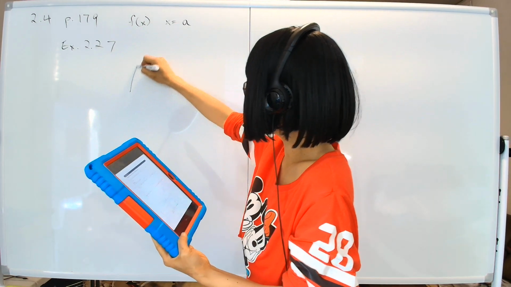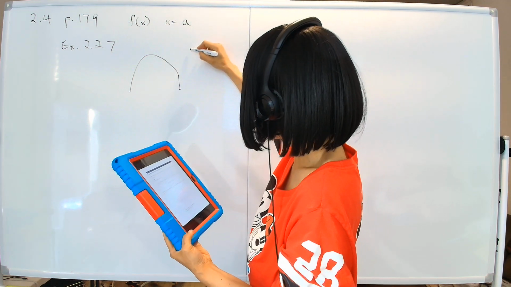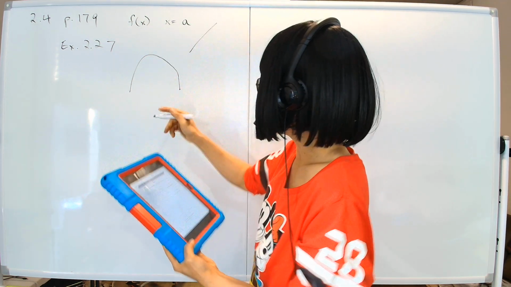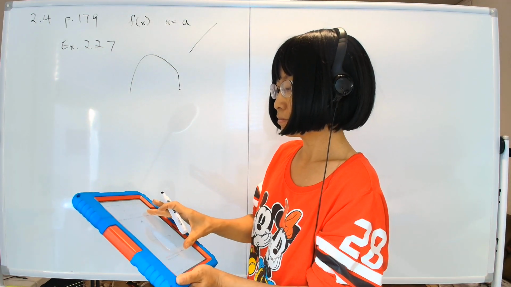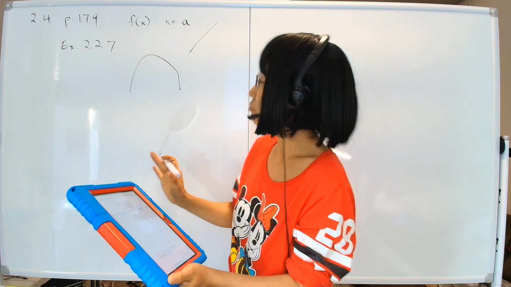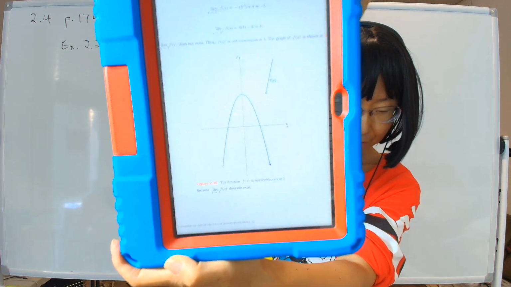Your function goes like an upside down parabola, then it stops right here and decides to go some other way. That's your f of x in example 2.27.